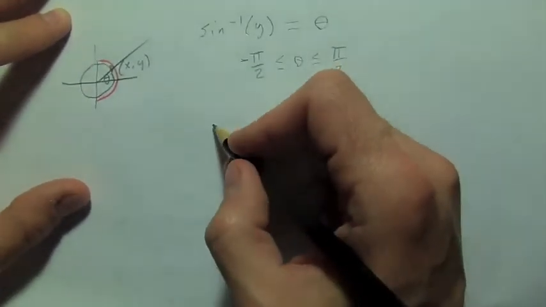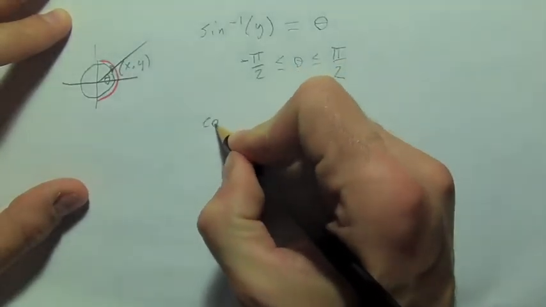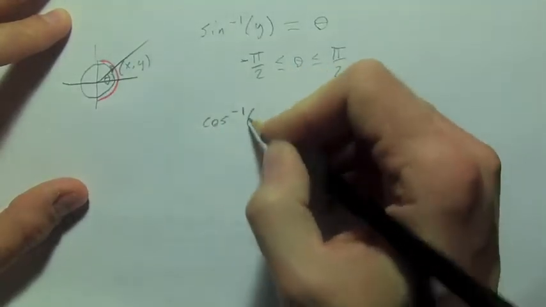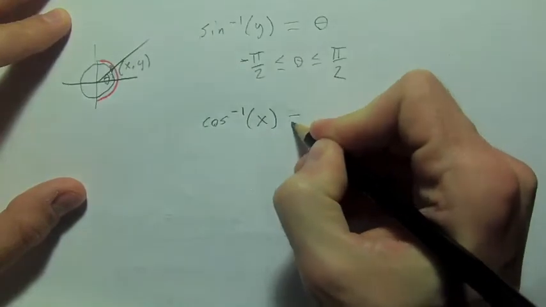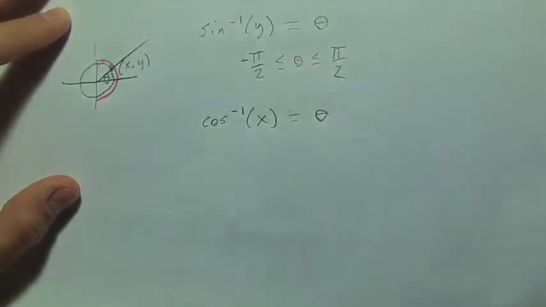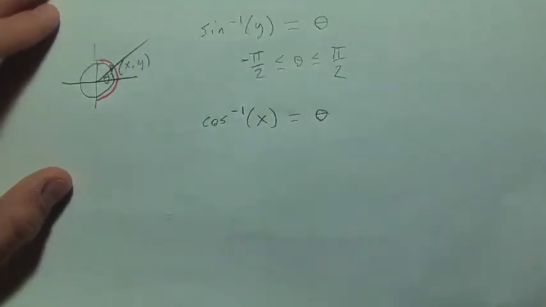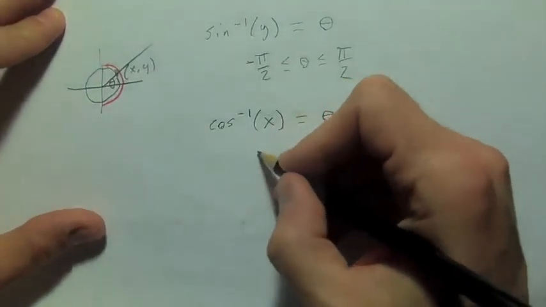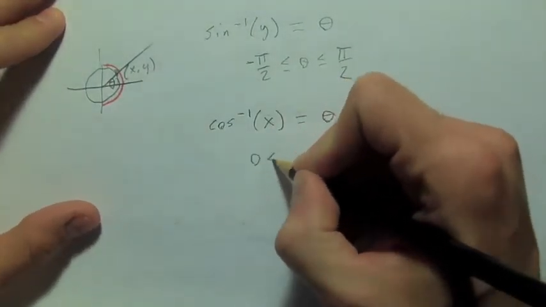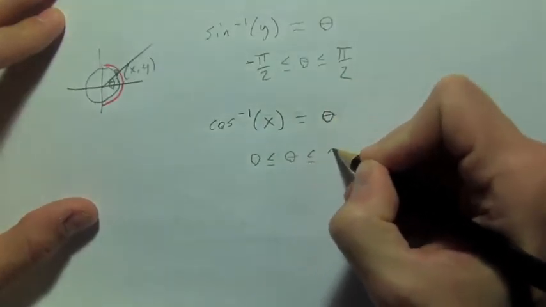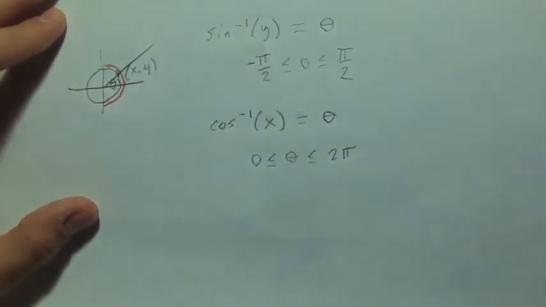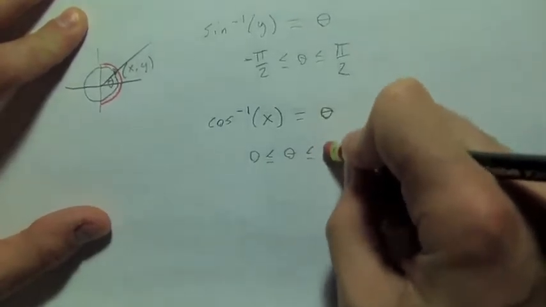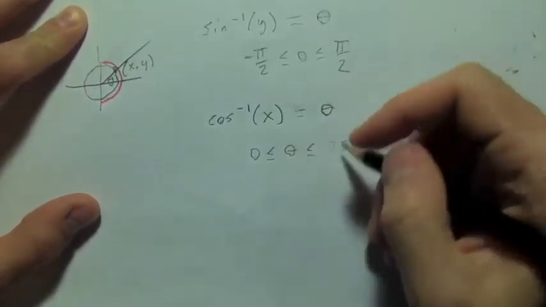Similarly, cosine inverse, we give it an x-coordinate and it gives us an angle. And similarly, it only gives us half the unit circle. So cosine inverse is actually between 0 and, oops, not 2 pi, excuse me, between 0 and pi.